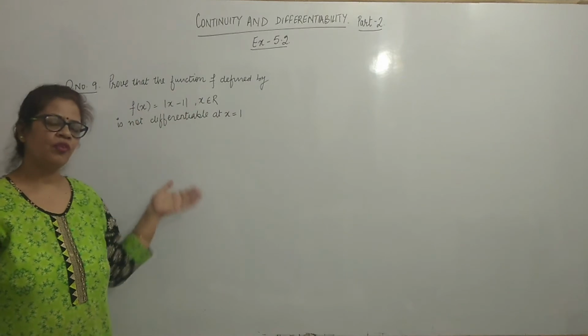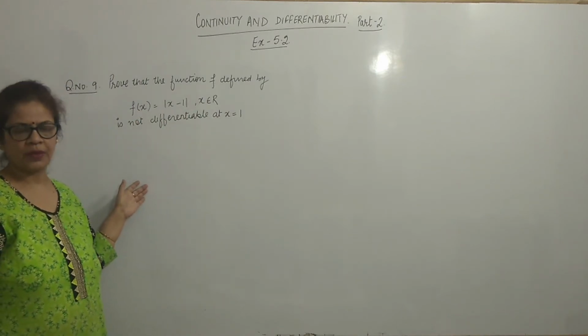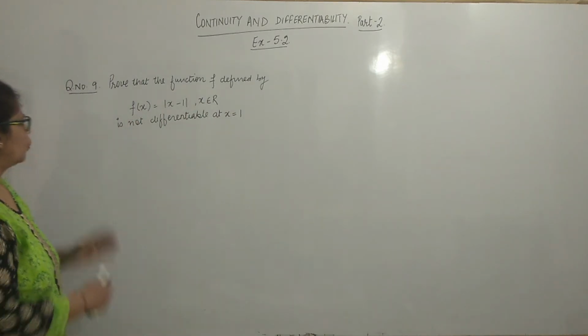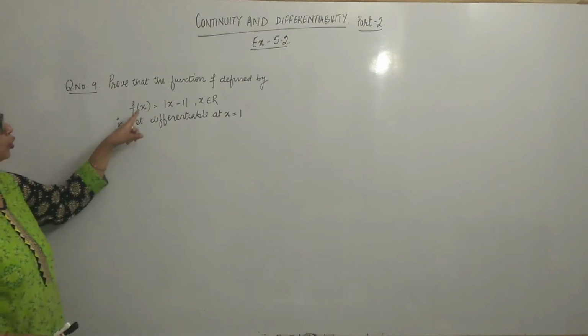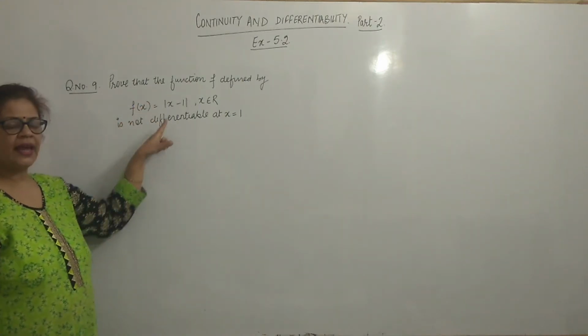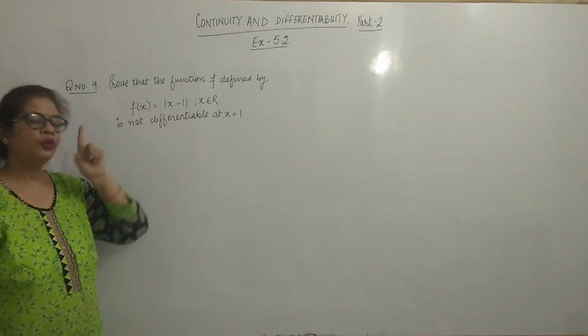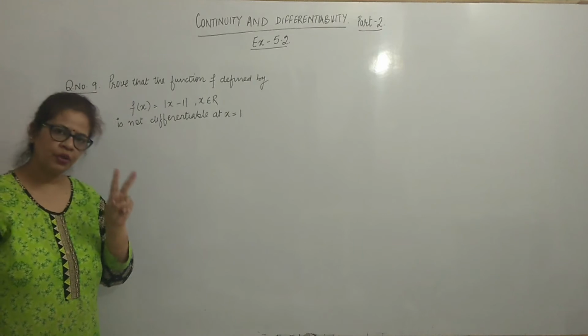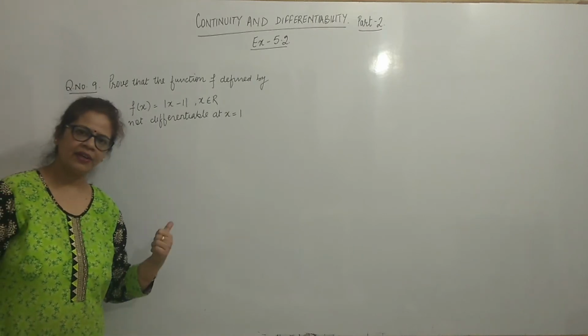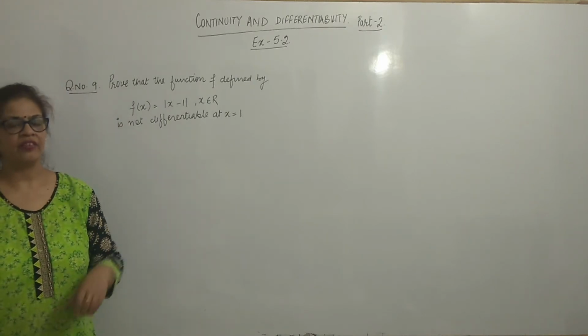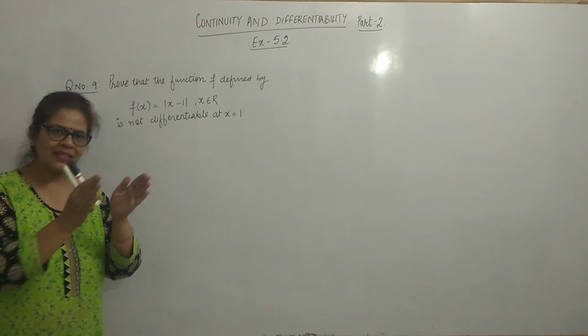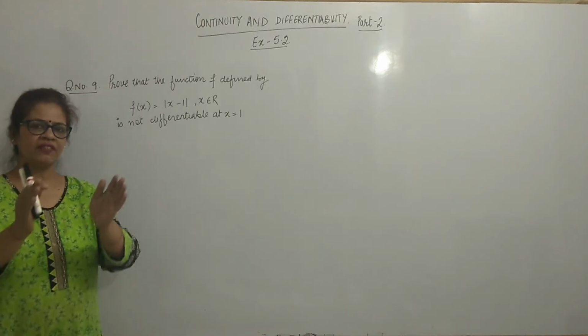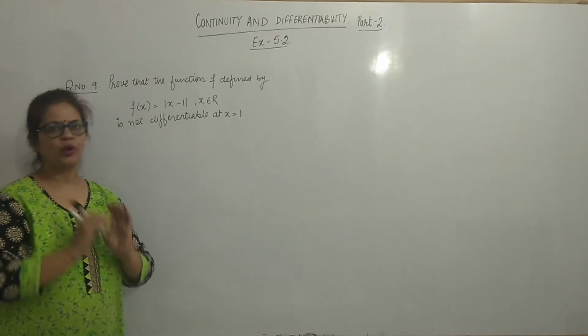There may be many forms of asking this question. Anyway, when we want to check the differentiability at a given point, remember we have to find two things, the right hand derivative and the left hand derivative. If both are equal, we say that the function is differentiable at that given point.